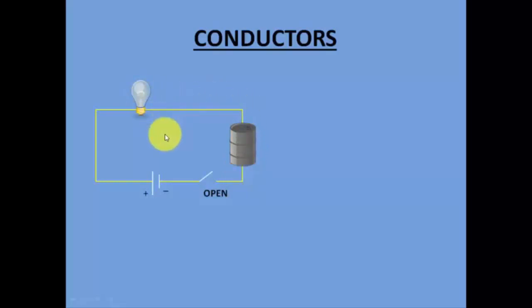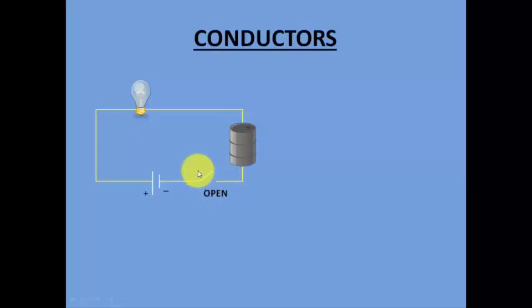But now, because we're going to talk about conductors, we will learn what it means to conduct electricity, and how conductors allow electricity. That's why I have taken a metal drum here. This is a battery, this is again a switch, this is a bulb, and this is a metal drum, and I connect these two ends onto this metal drum.